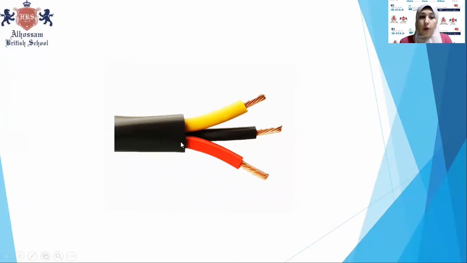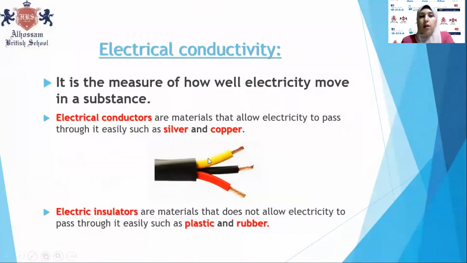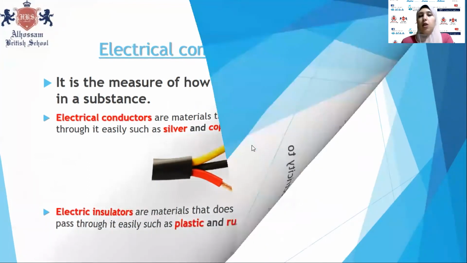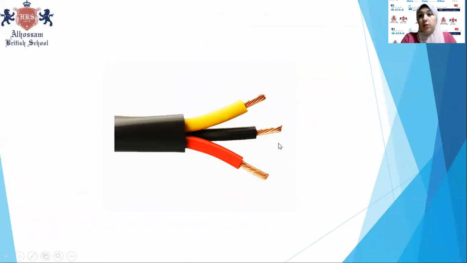This is rubber. Here is the copper, which is this, and the rubber, which is here: the black, yellow, black, red. All of these are rubber, and these are copper. Why do you think they're different?